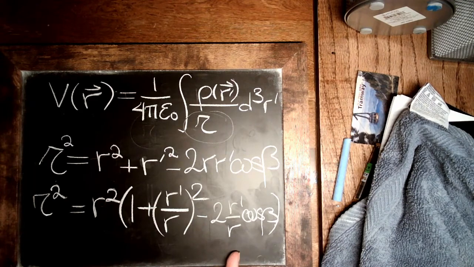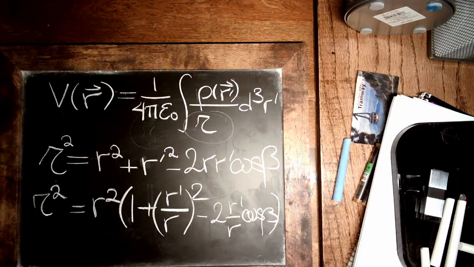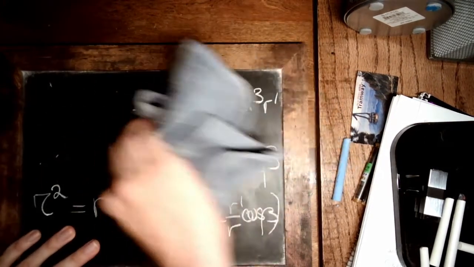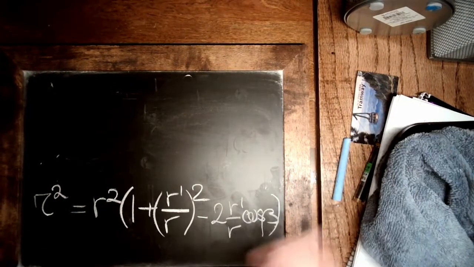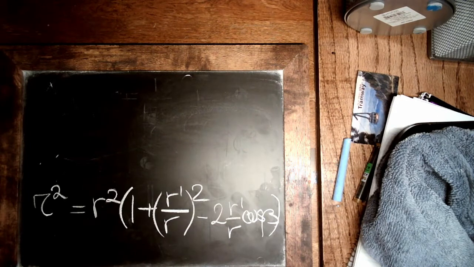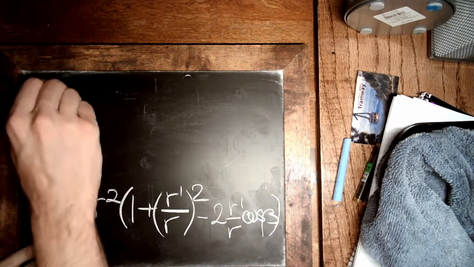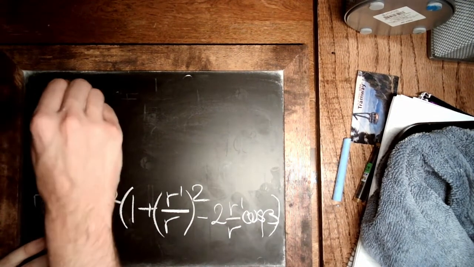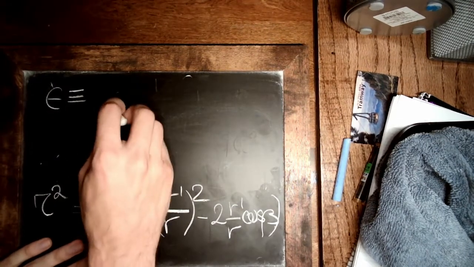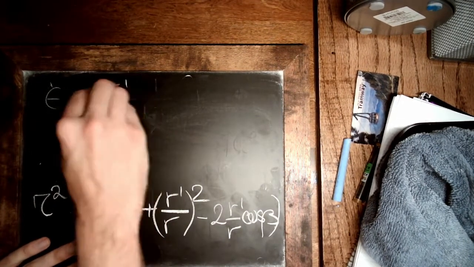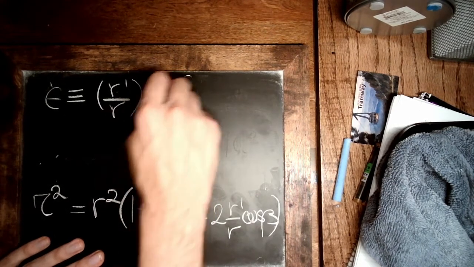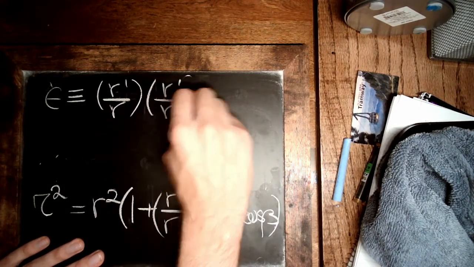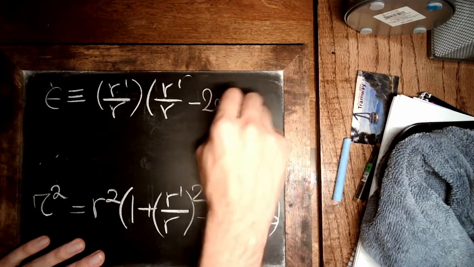So with this in mind, we can suggest a small quantity with which to perform this expansion. So what we're going to say is we're going to take this little epsilon and define it to be r prime over r times r prime over r minus 2 cosine beta.